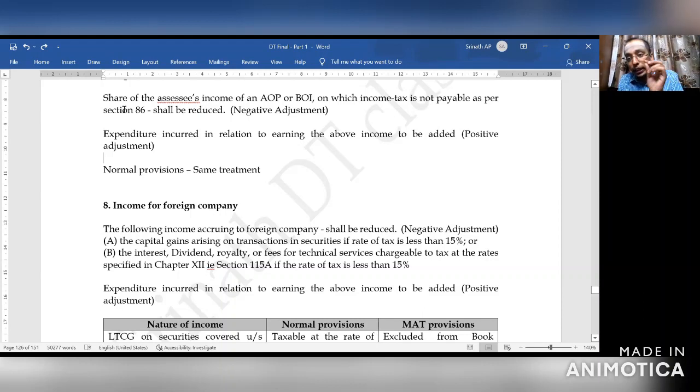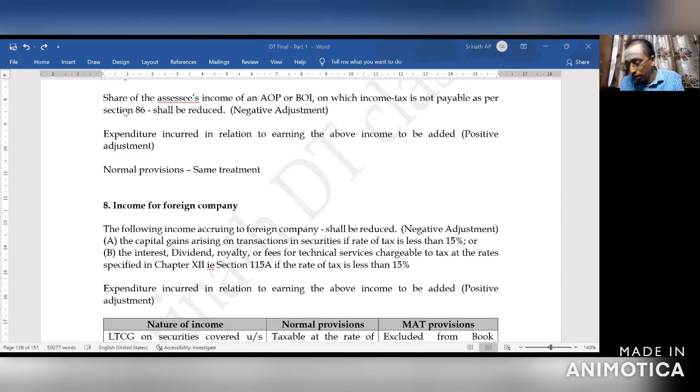If a company is a member in an AOP, AOP will mandatorily pay tax only at MMR. It doesn't have an option. So MAT provisions will not arise otherwise. Understood. Thank you, sir. No problem.